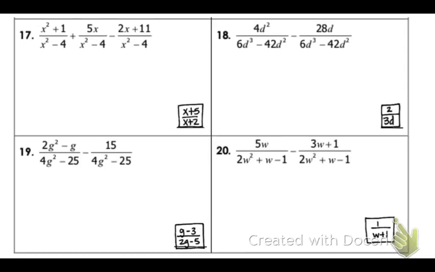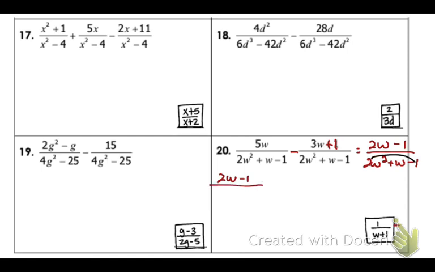Alright, for number 20, same thing. I'm going to go ahead and combine like terms at the top. I'm going to be left with 2w minus 1. Now, the reason it's minus 1 is because I have a minus plus 1, which is going to turn into a minus 1. The denominator is the same, so I'm just going to keep that. Okay, now the top I can't factor, but I can factor the bottom.